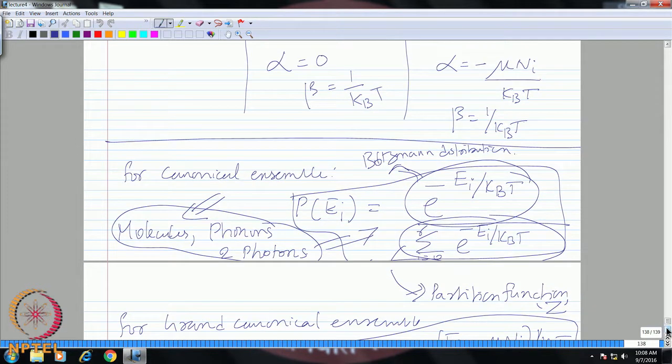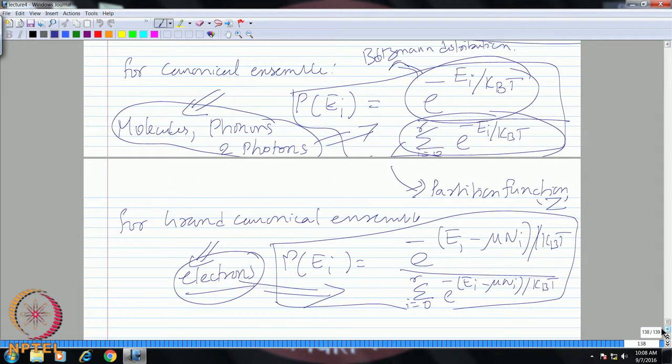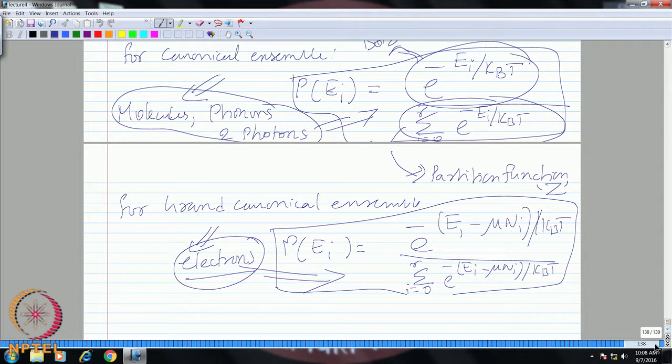So, accordingly, we can write down the probability distribution function for the canonical ensemble, which looks like this, and for the grand canonical ensemble like this. So, having now identified the corresponding distribution functions for the corresponding energy carriers, we will now apply this to derive the distribution function for each and every energy carrier.